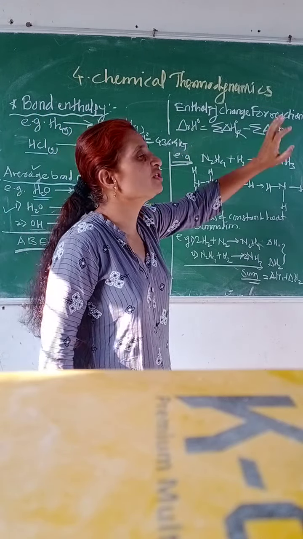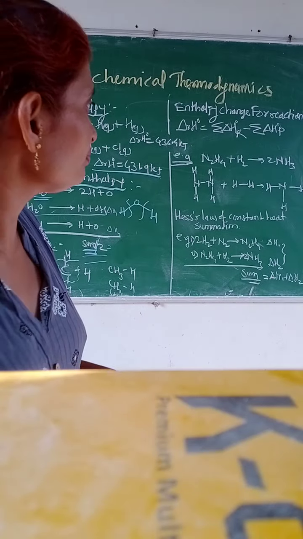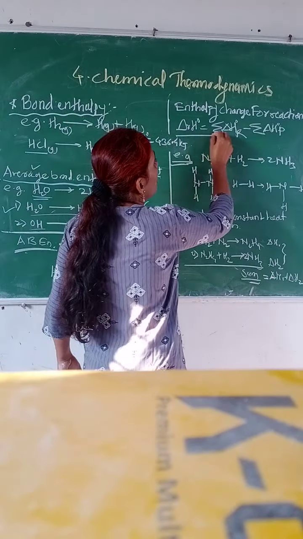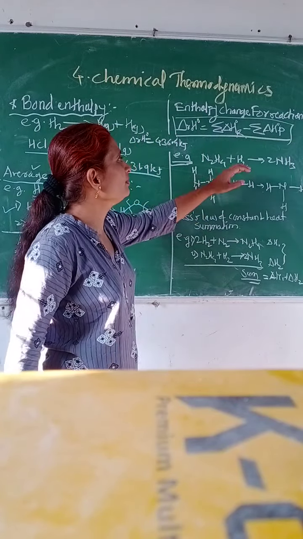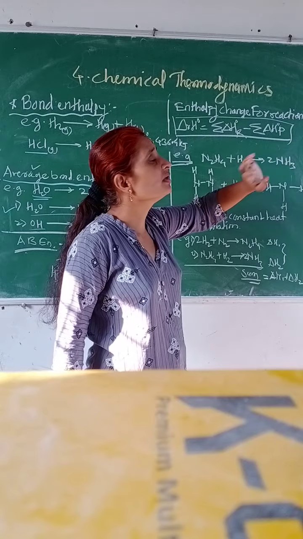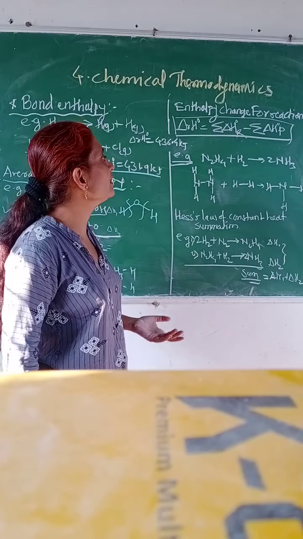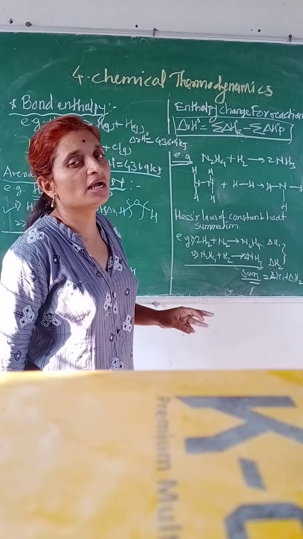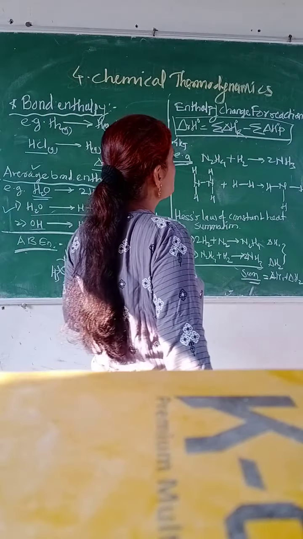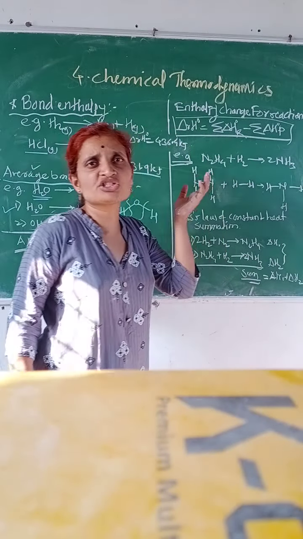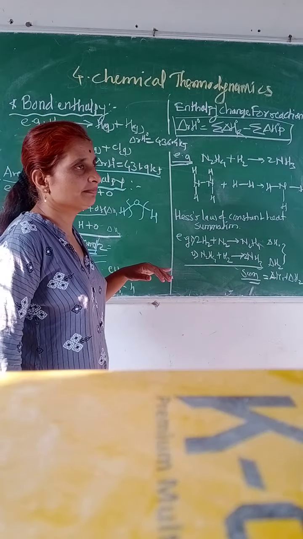Then the enthalpy change for a reaction is the summation of delta H for the reactants minus the summation of delta H for the products. For a chemical reaction, you have to calculate that enthalpy change. See the example: they have given the reaction and the delta H values, the energy in terms of bonding.